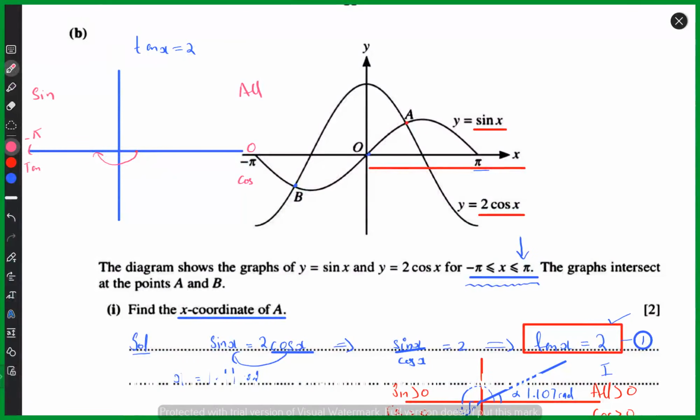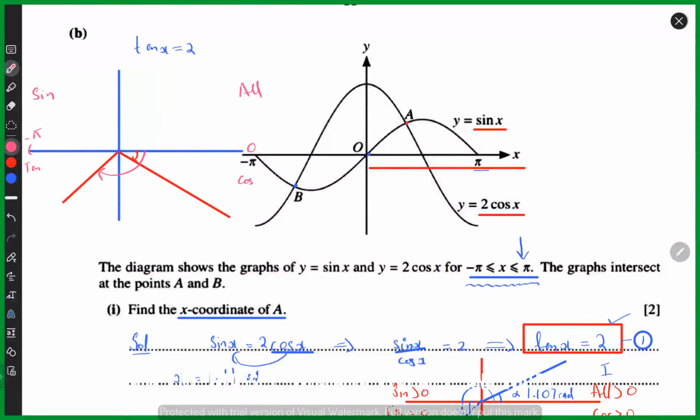Okay. Now, how do I find the angle in this case? Again, the idea is very much the same. This is going to be the angle in the fourth quadrant when your theta is negative. And for the third quadrant, I'm going to start from here and I'll end at this point.